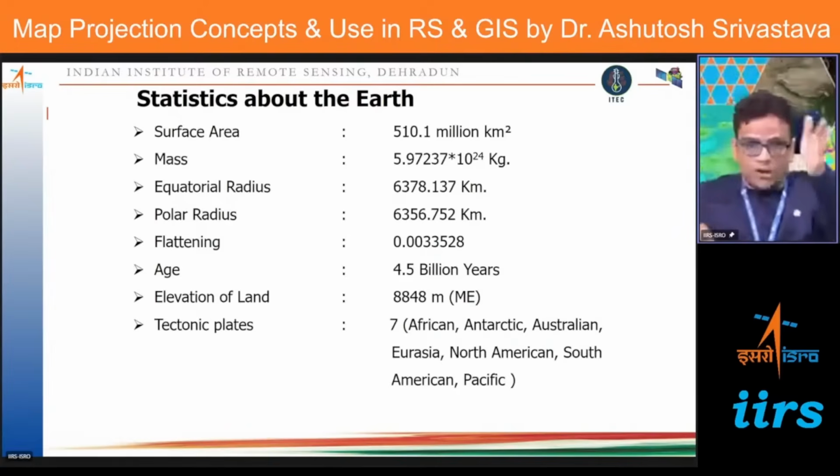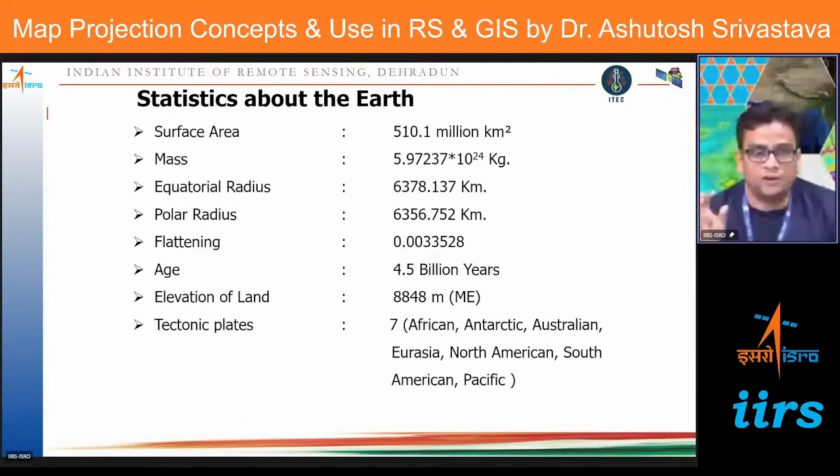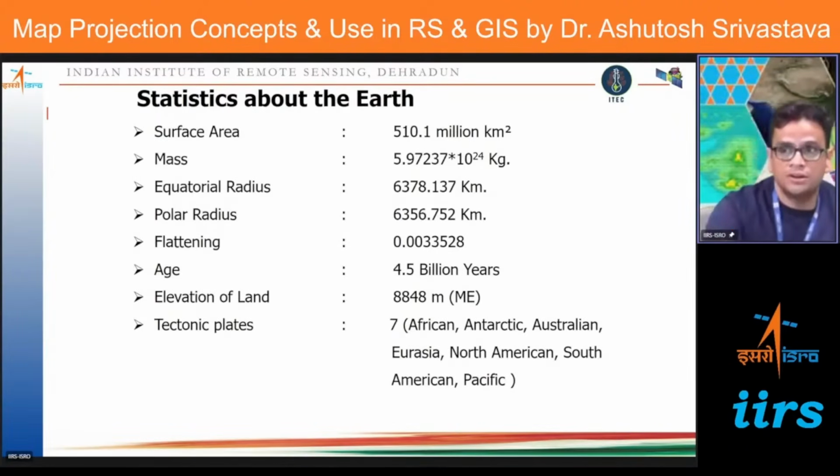in a sphere or circle, the radius will be equal. But here the radii are different, so we have to define a certain geometry for our Earth. We will come to that point.